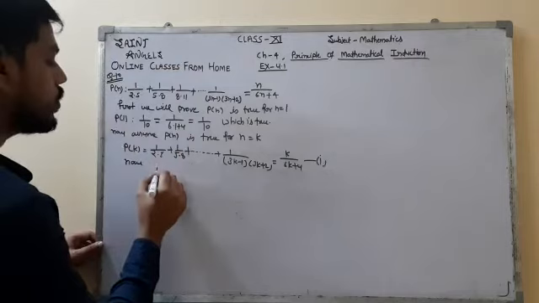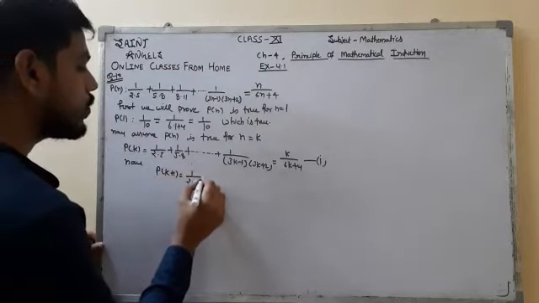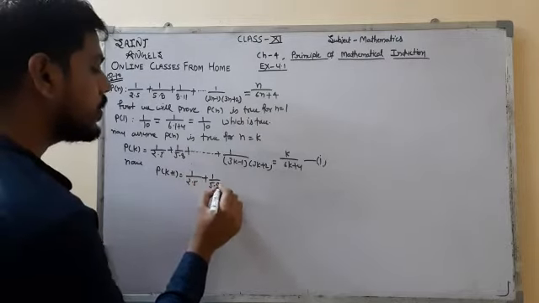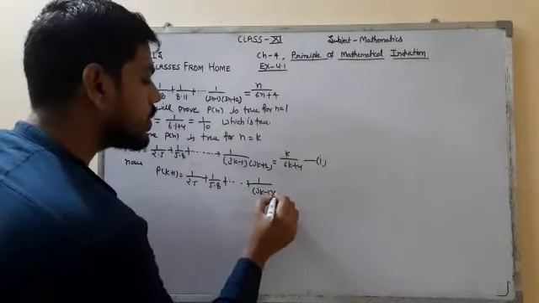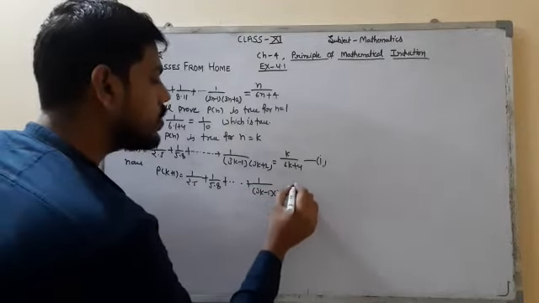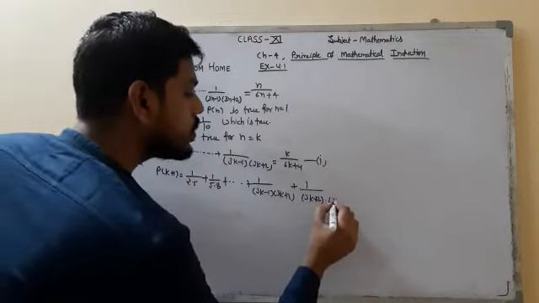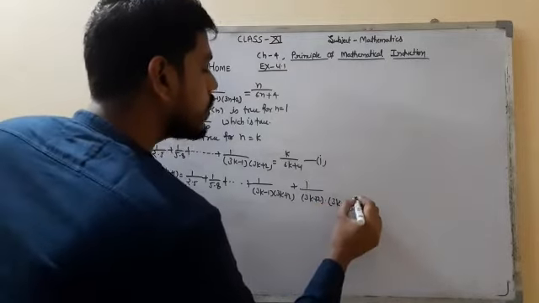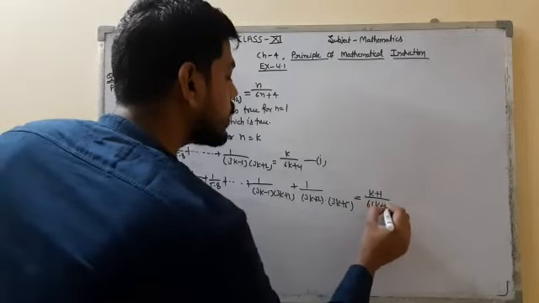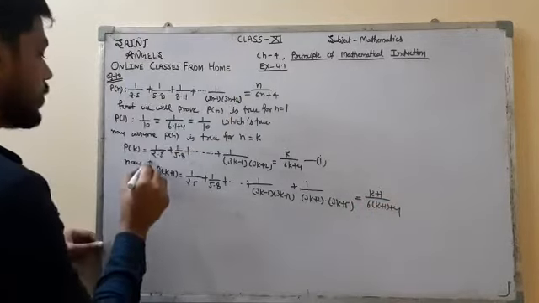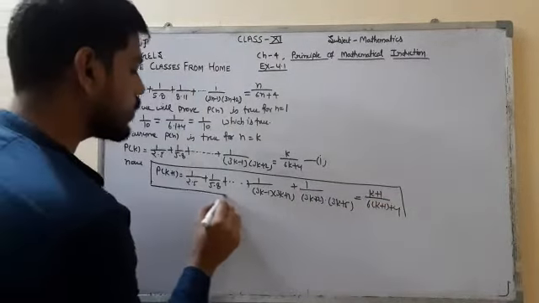So now we have to show Pk plus 1 equals to 1 upon 2 into 5 plus 1 upon 5 into 8 plus 1 upon 3k minus 1, 3k plus 2 plus 1 upon 3k plus 2 into 3k plus 5 equals to k plus 1 upon 6 into k plus 1 plus 4. Now this we have to prove. If we are able to prove this one, then our question will be finished.